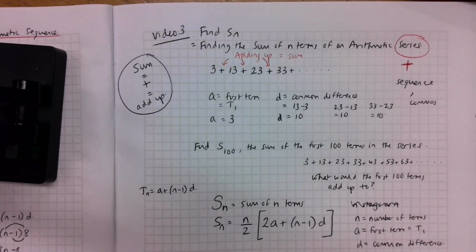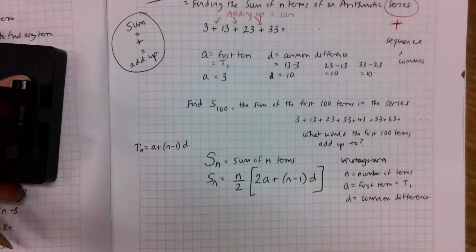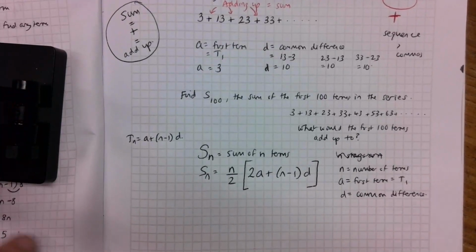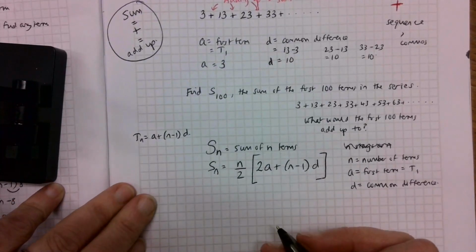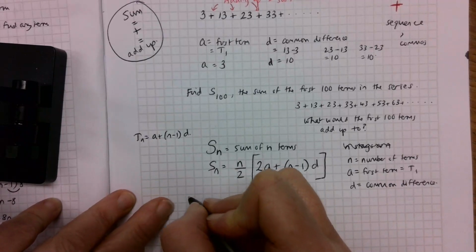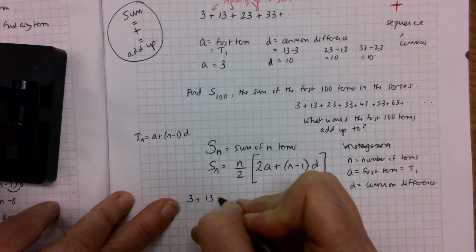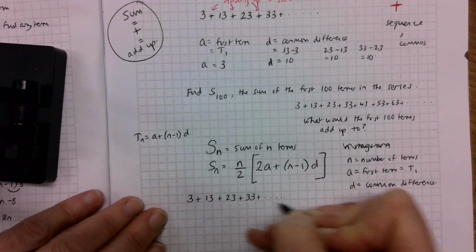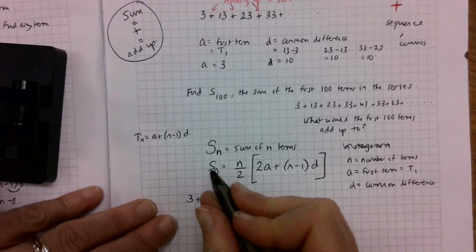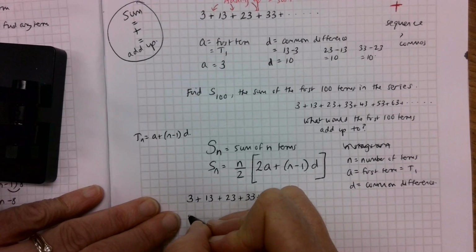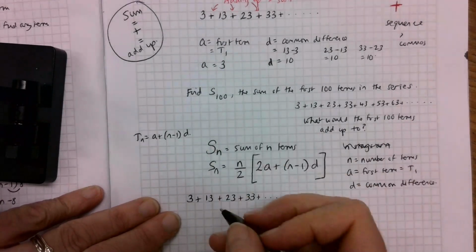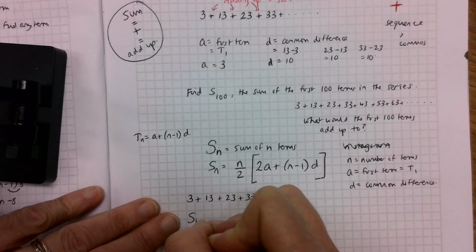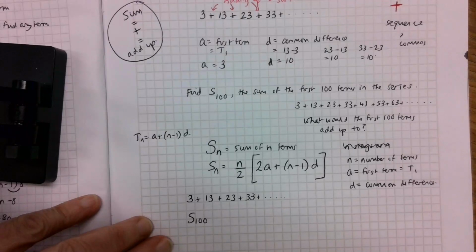Okay, so let's work it through. Pause at any stage to catch up with yourself, but let's see how we get on. So let's do this again. We'll write down our series, 3 plus 13 plus 23 plus 33 plus ... to show that it goes on. Now we're finding S100. So let's write down some of the things.